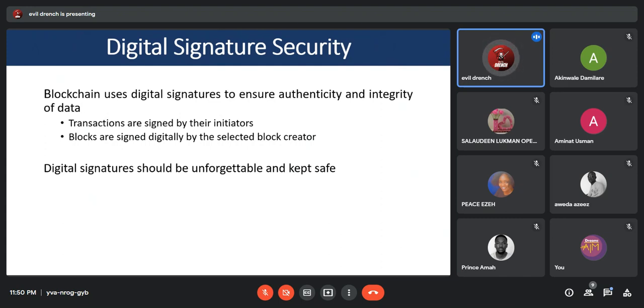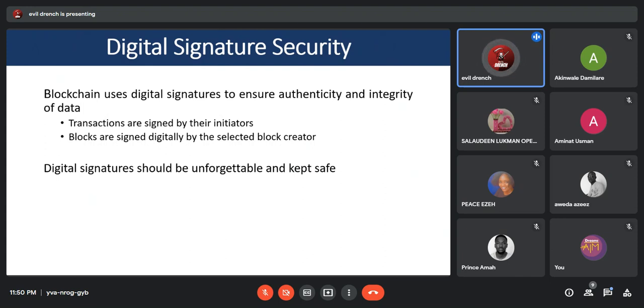Sorry, I didn't talk about this. Digital signature security. Blockchain uses digital signatures to ensure authenticity and integrity of data. That means transactions are signed, and blocks are digitally signed by the selected block creator. That is the node that is signing this transaction into a block on the blockchain, right?